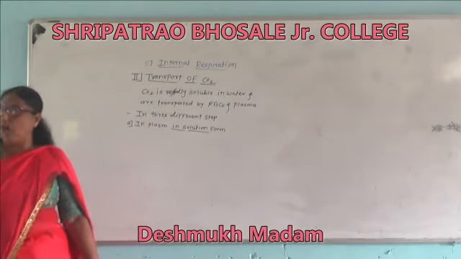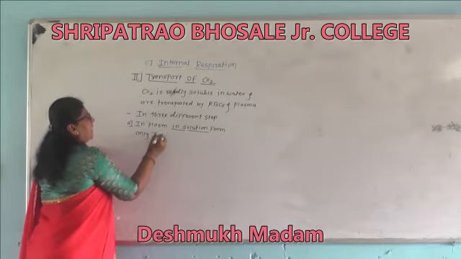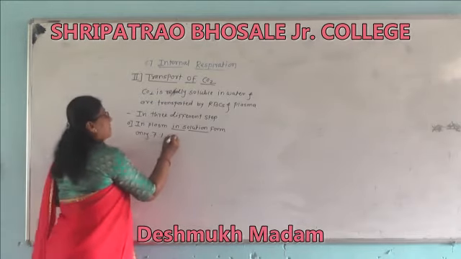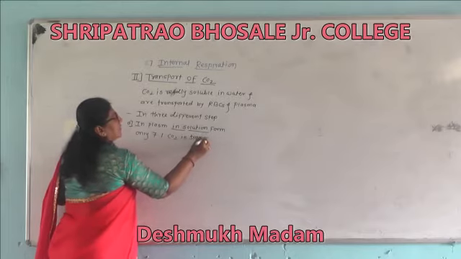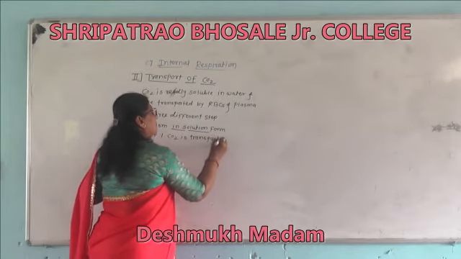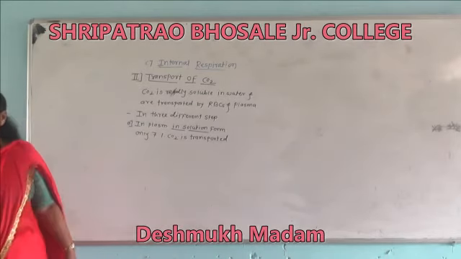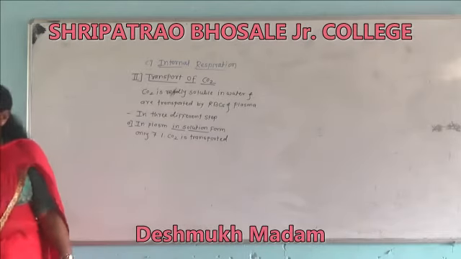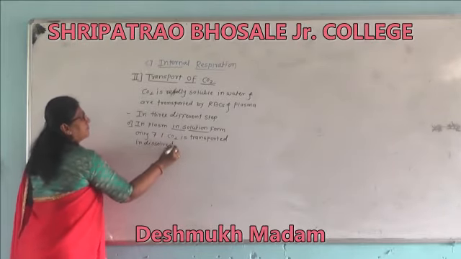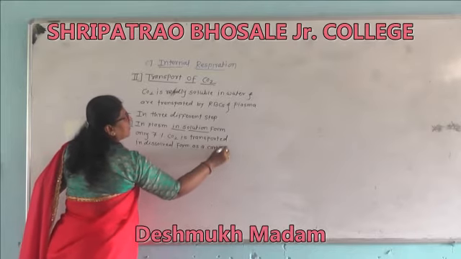Only 7% of CO2 is transported in dissolved form as carbonic acid.